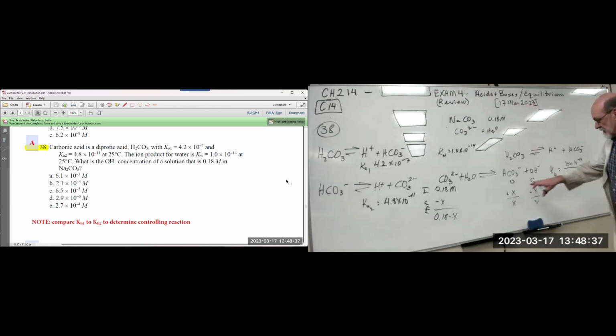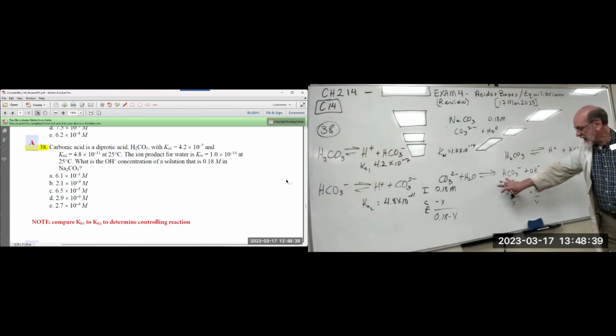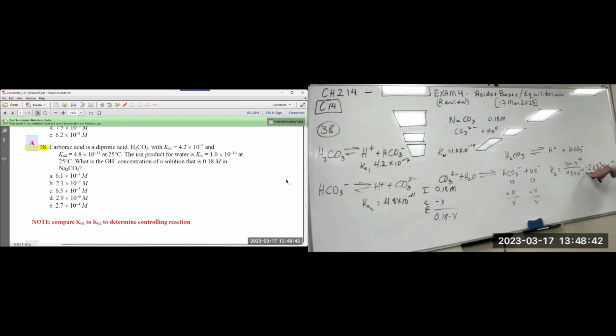So this reaction references this value here, Kb. And the Kb is equal to HCO3 minus times OH minus over CO3 2 minus.